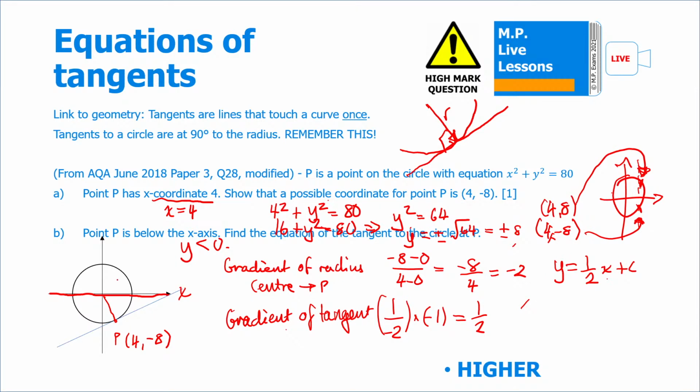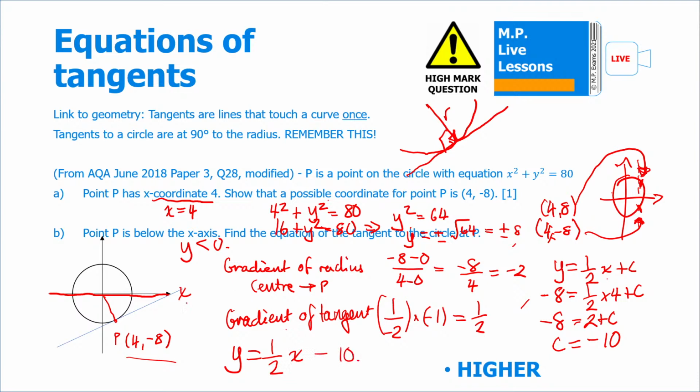And we know the point P is on that line, so we substitute its coordinates. Eventually we get c equals minus 10. So our equation is y equals 1 half x minus 10.